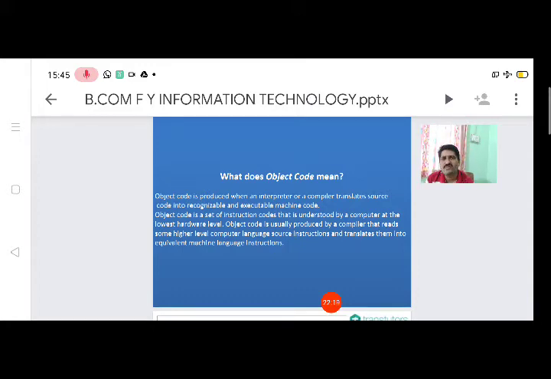Object code is a set of instruction codes that is understood by a computer at the lowest hardware level. It is usually produced by a compiler, which reads some higher level computer language source instructions and translates them into equivalent machine language instructions.